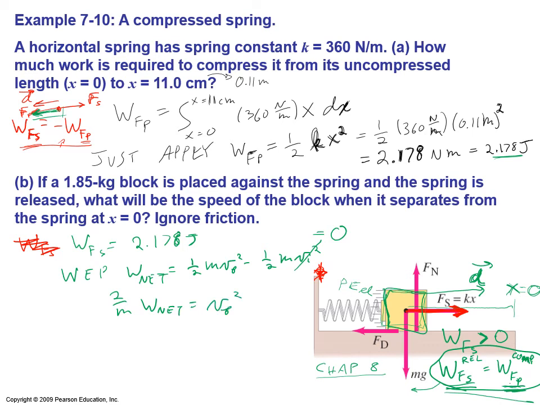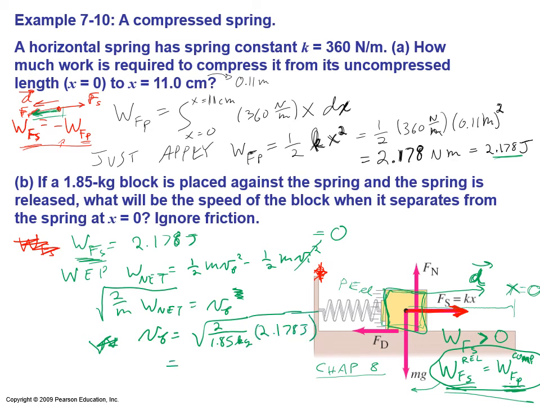Now I'll take the square root of both sides. So the final speed is equal to root of 2 over m times W net. There's only one force acting on the object, so W net is just W of the spring. So v final is root of 2 over 1.85 kilograms, plugging in the mass, and W net is 2.178 joules.